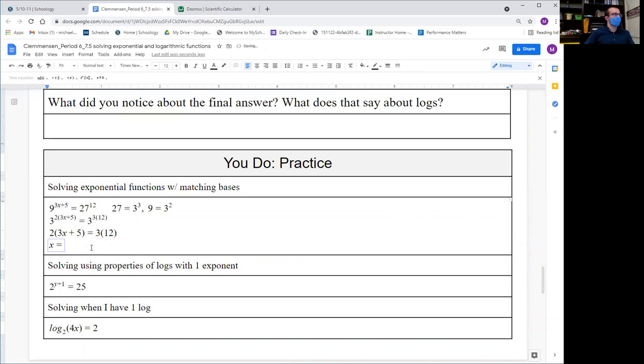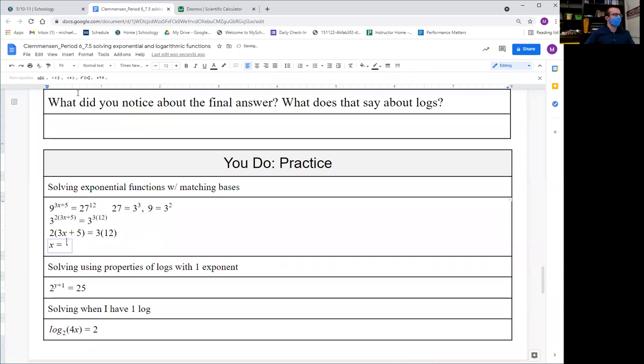What did we get as our answer? X equals what? Perfect, 13 over 3. I'm sure that everybody can do that, multiplying 3 times 12, distributing the 2, simplifying stuff. So I want to save some time and just finish up our problem as x equals 13 thirds.